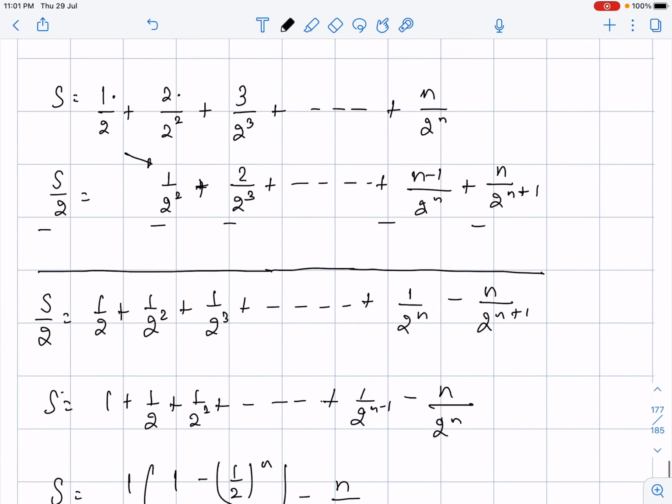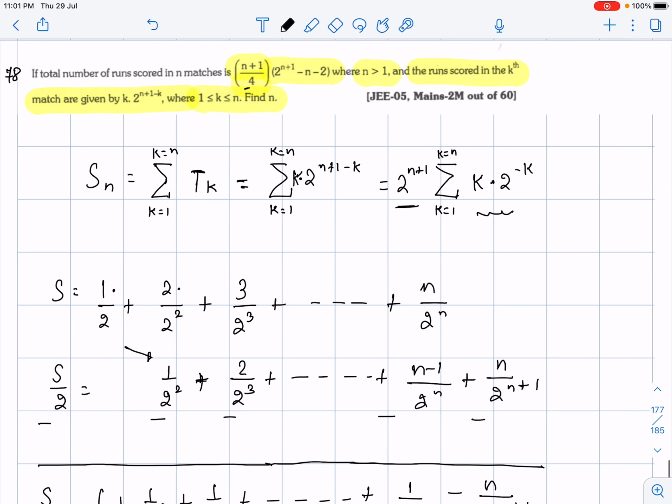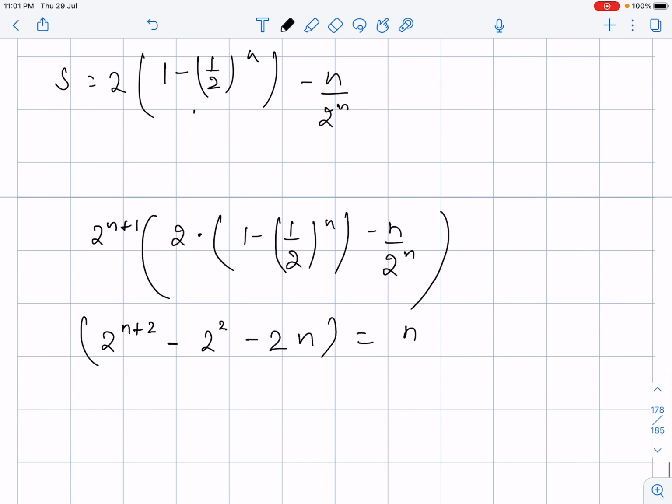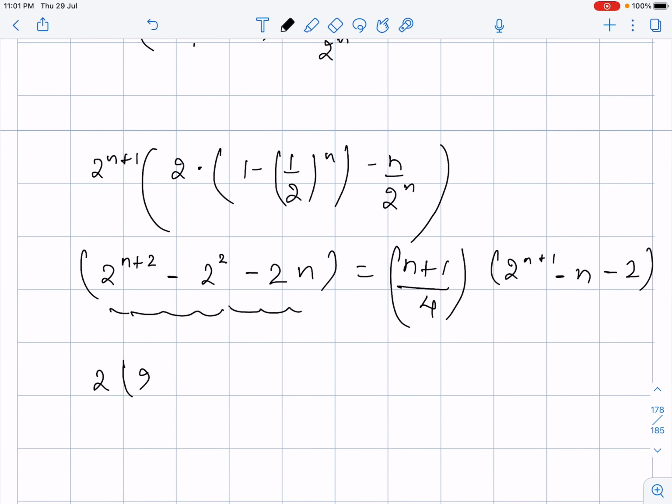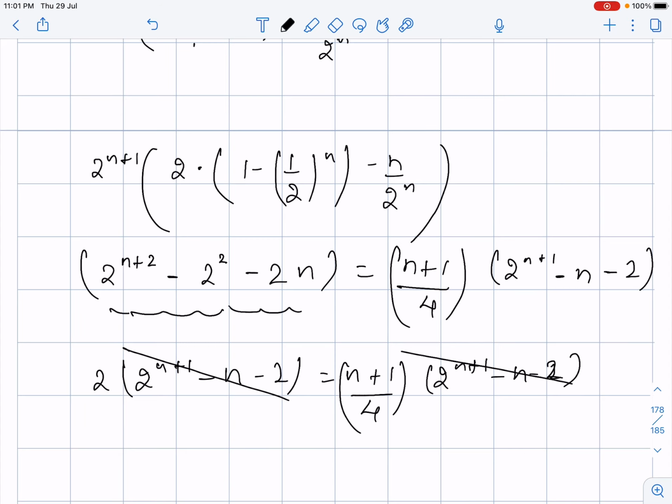And the sum of runs scored by that person is given to us as (n+1)/4 multiplied by (2^(n+1) - n - 2). If I take 2 as common from the first bracket, 2 times (2^(n+1) - n - 2) will become (n+1)/4 multiplied by (2^(n+1) - n - 2), and this thing will get cancelled completely.